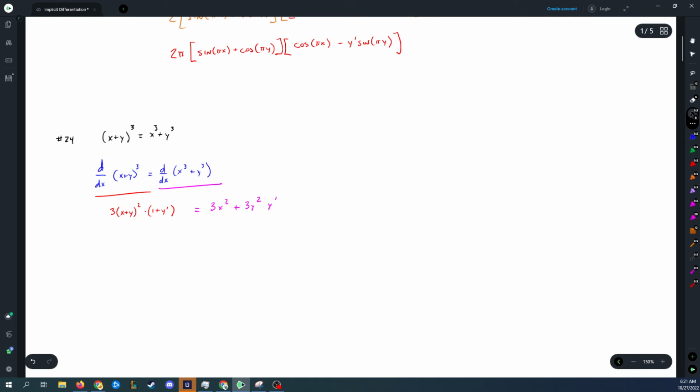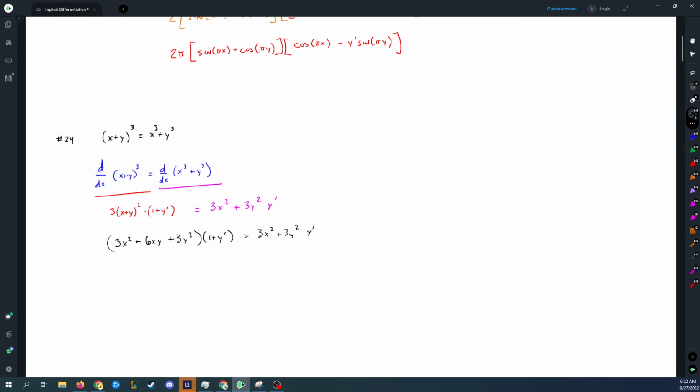So if I expand this out, I'm going to get 3x squared plus xy times 2 is 2xy times 3 is 6xy. And then I have 3y squared. And I've got this stuff here. (1 plus y prime) equals, and then this is 3x squared plus 3y squared y prime.